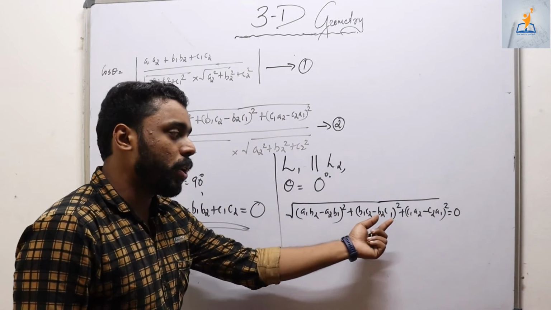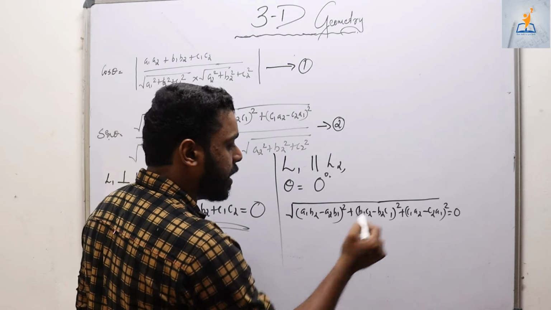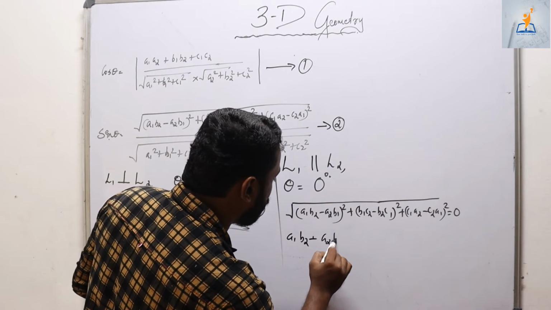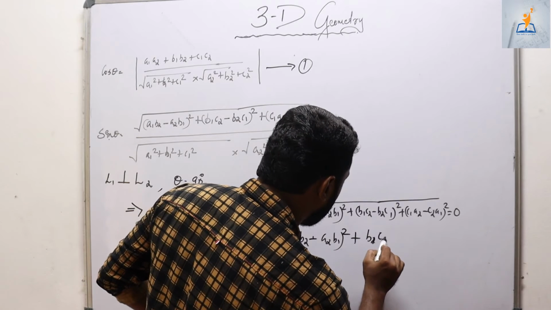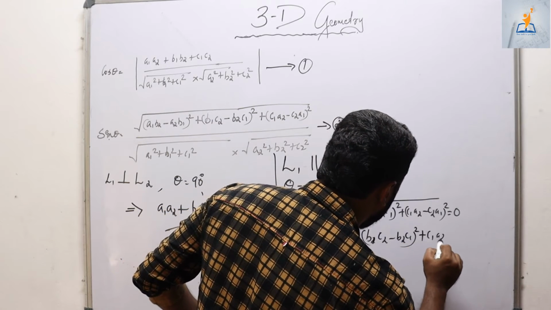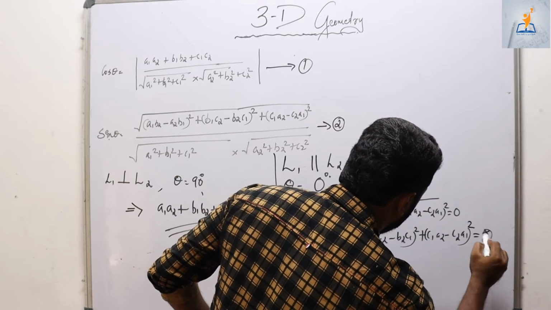Now a square root equal to 0 means the square also must be equal to 0. So we can eliminate this square root, which means that (a1 b2 minus a2 b1) the whole square plus (b1 c2 minus b2 c1) the whole square plus (c1 a2 minus c2 a1) the whole square is equal to 0.